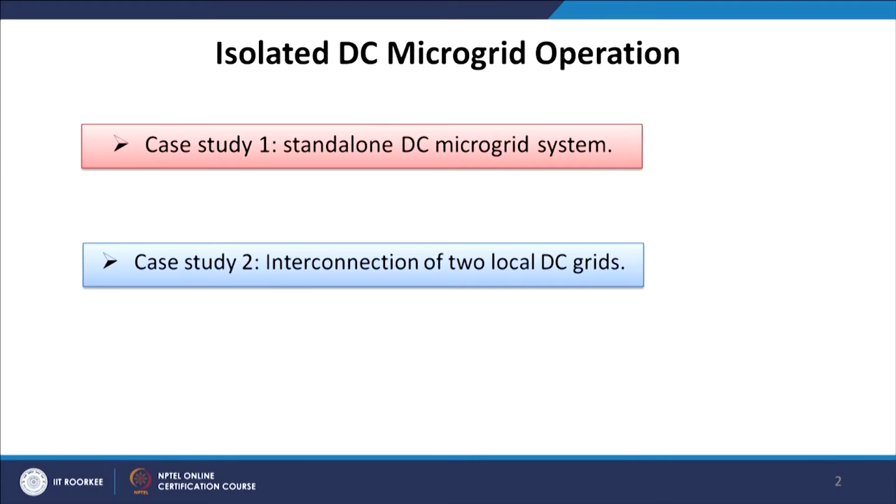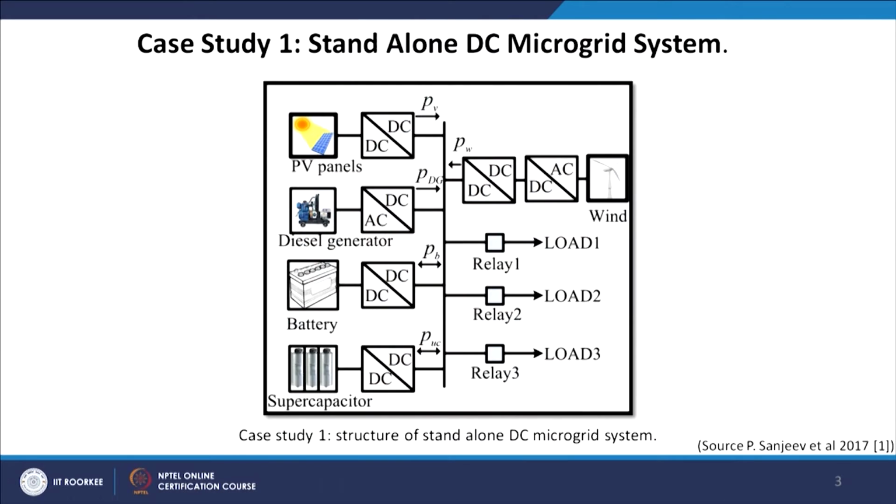Now, moving to case study 2, where interconnection of two local DC grids means in a remote area there are two remote villages, they both have DC microgrids in place, but they like to operate together because they do not have any grid support at all. Now, standalone DC microgrid, this we have already seen.